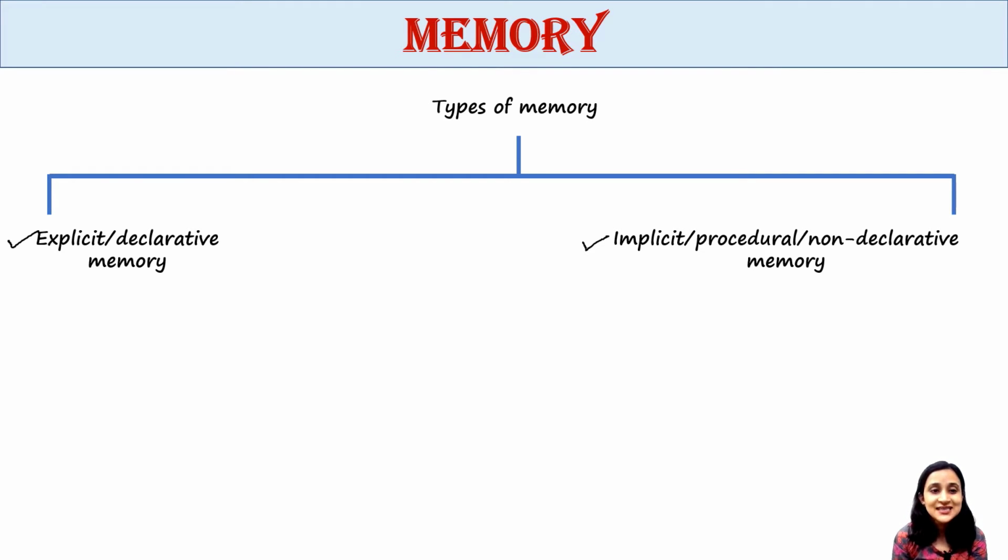Okay, so what is explicit or declarative memory? Let me write it down.